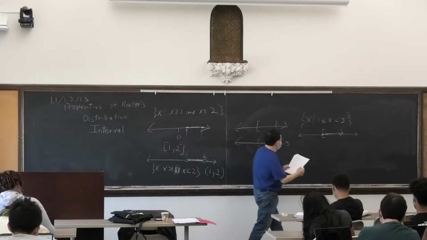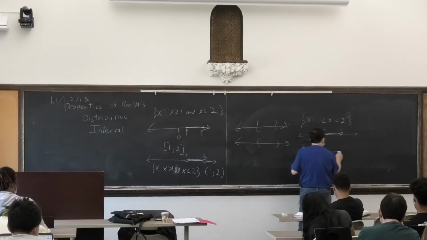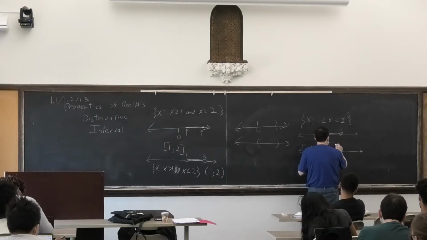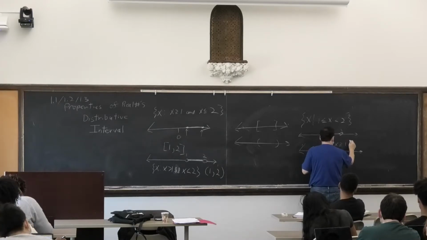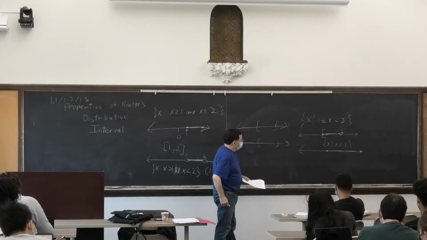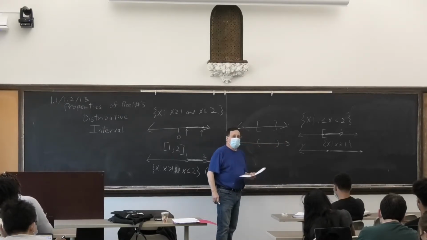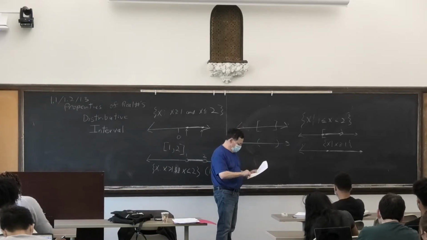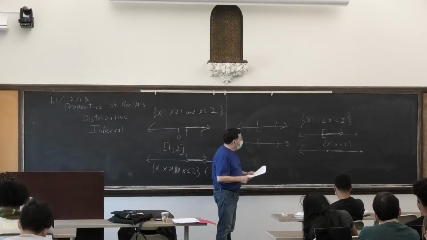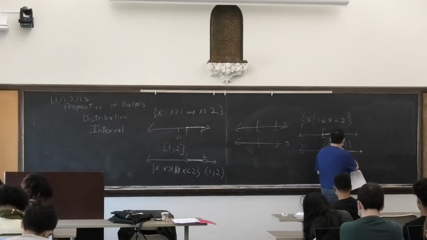And of course, you might have an interval like this, that would be x greater than or equal to 1. In geometry, we call that a ray. It's an infinite interval, goes on forever. So how would we write that?